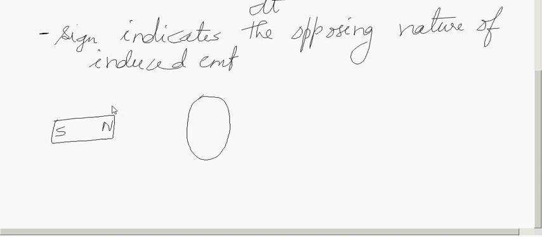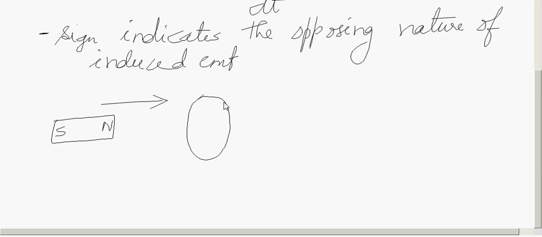The magnet with north pole is moved towards the coil, as shown in this figure. Now according to Lenz's law, the induced current should oppose the very cause producing it.